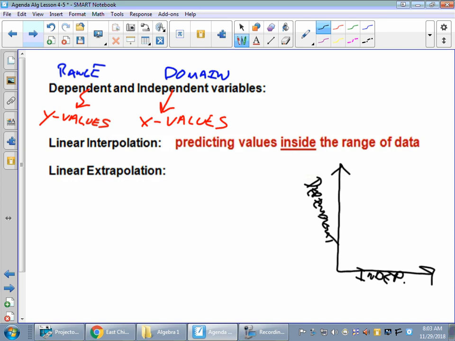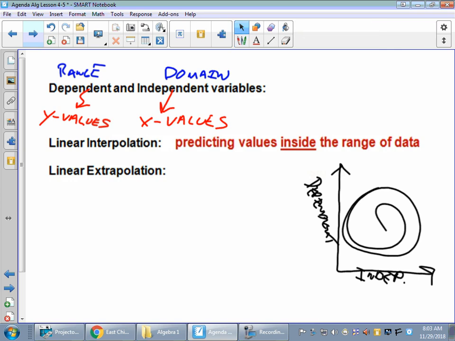Okay, independent versus dependent. And so our interpolation is predicting values that are going to lie inside this range of data. Somewhere in here is going to be interpolation. We can interpolate stuff. Okay, I'm just showing that to let us know again what that means.